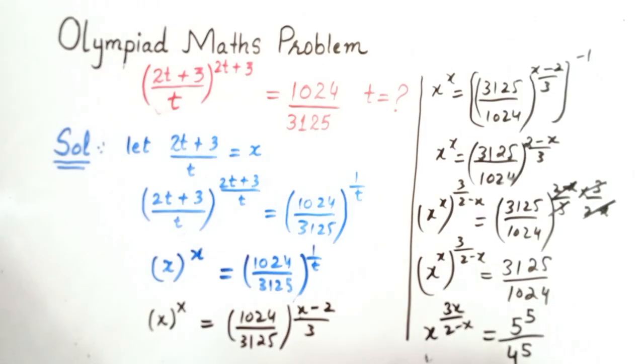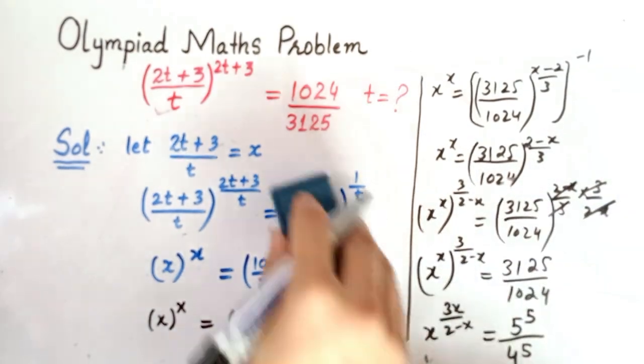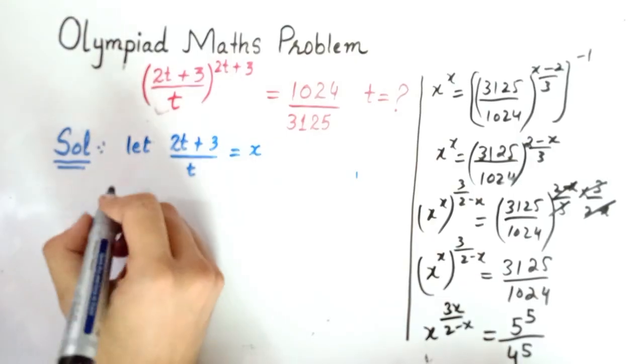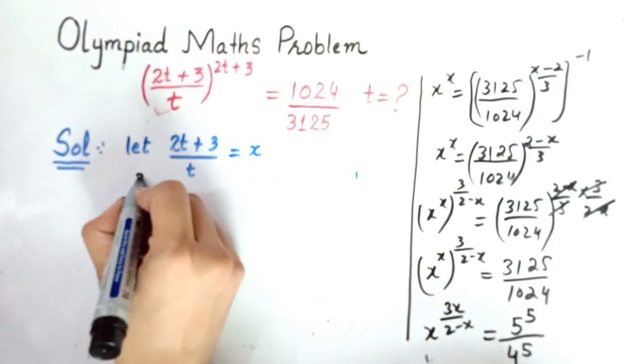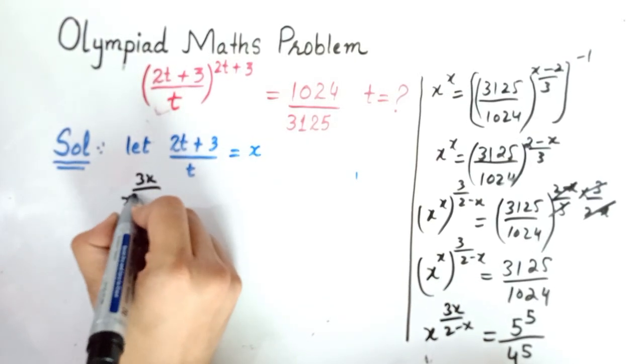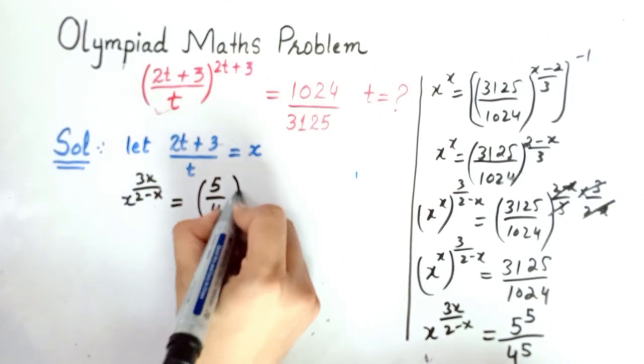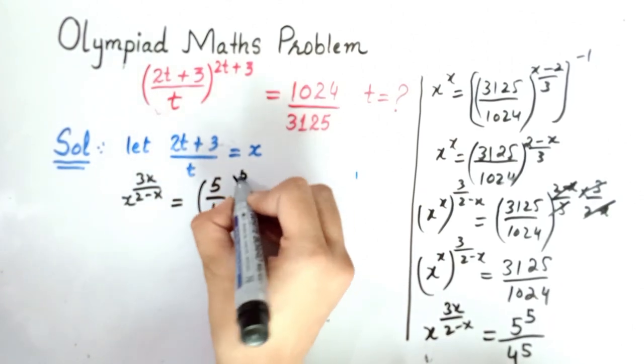So x raised to the power 3x/(2 minus x) equals (5/4) to the power 5.